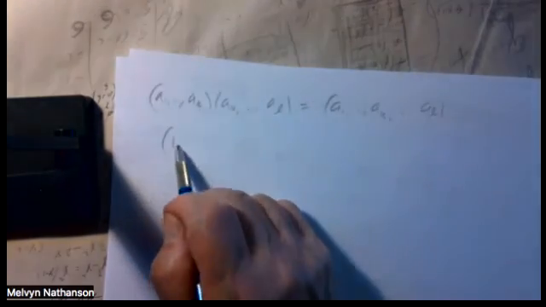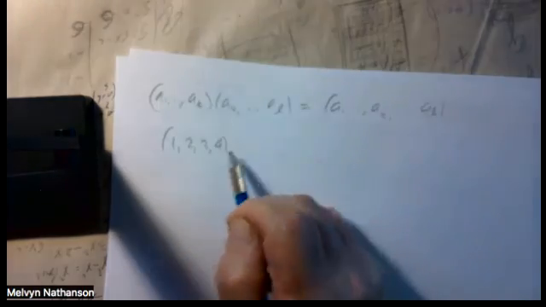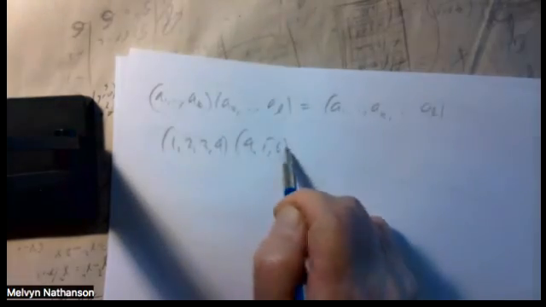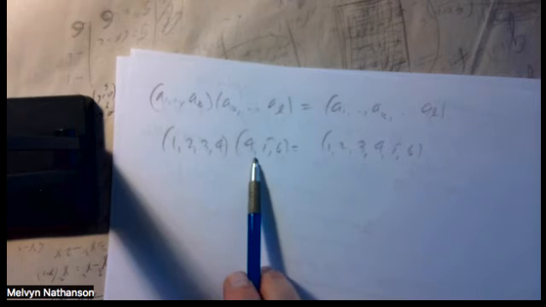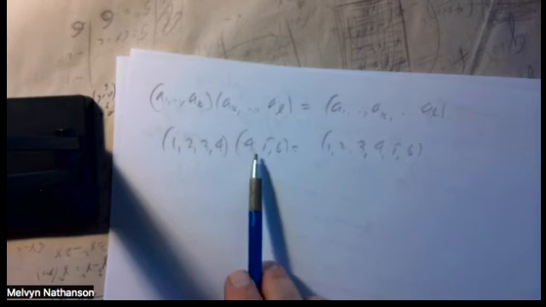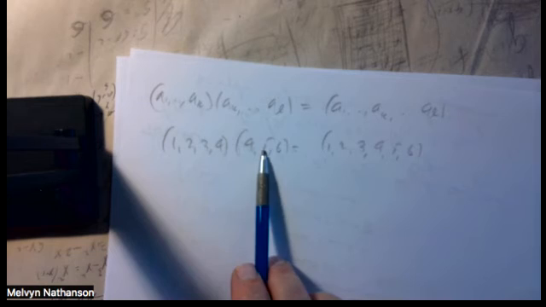So for example, (1 2 3 4)(4 5 6) should be (1 2 3 4 5 6). You just concatenate these and run them together. So this says 1 to 1 to 2, 2 to 2 to 3, 3 to 3 to 4, 4 to 5 to 5, 5 to 6 to 6, 6 to 4 back to 1.